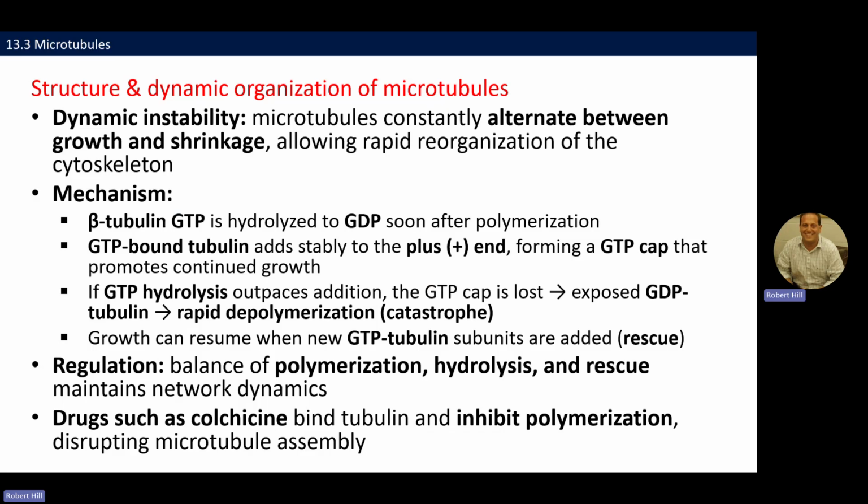There are also drugs that stabilize microtubules. The drug Taxol, right, is a chemotherapy compound that the last time I learned about it, it was extremely expensive because it comes from a yew tree and it's in very small amounts in the yew tree.